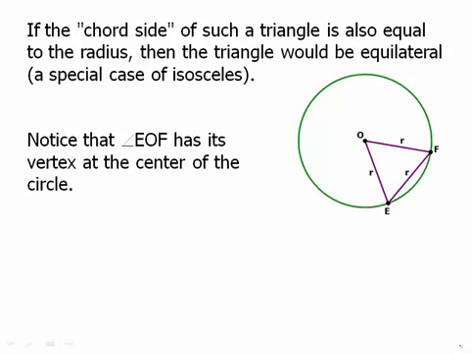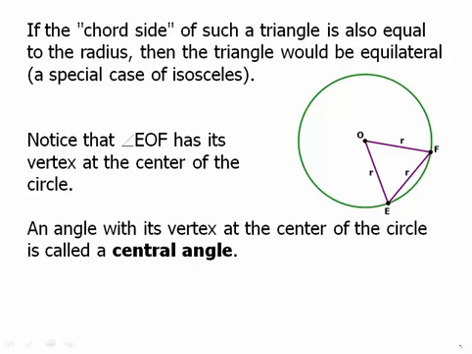Now notice that that angle at the middle, angle EOF, has its vertex at the center of the circle. This is a very special kind of angle. An angle with its vertex at the center of the circle is called a central angle. A central angle has a unique relationship with the arc it intersects.